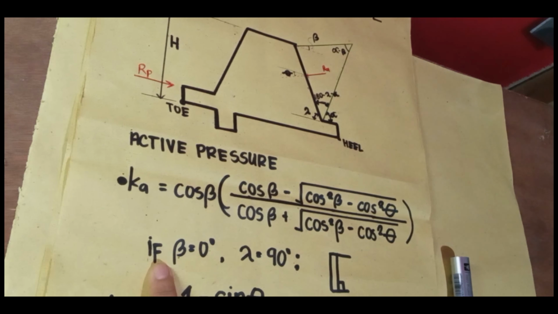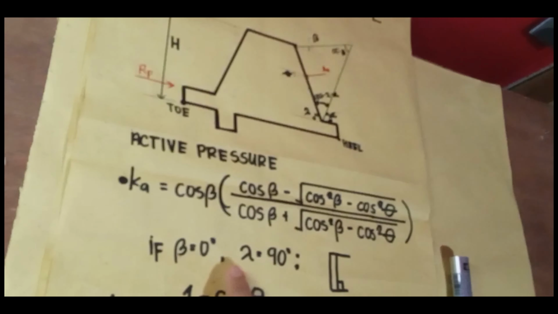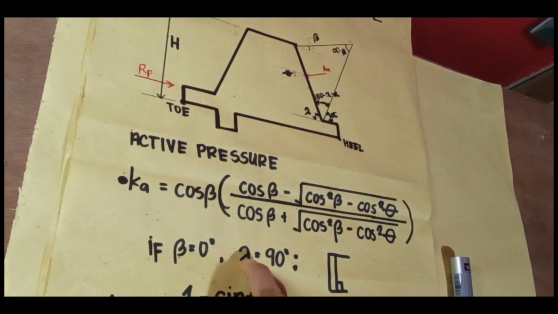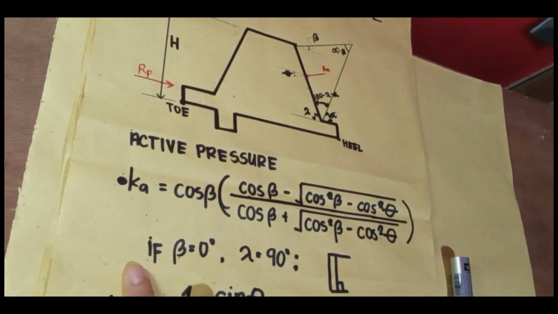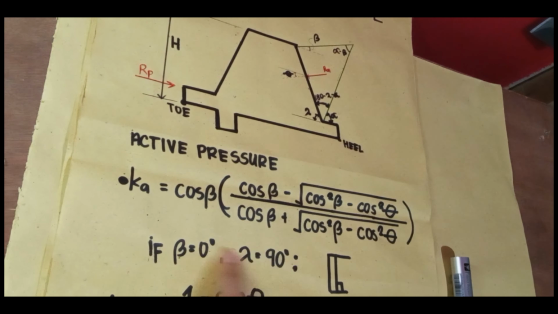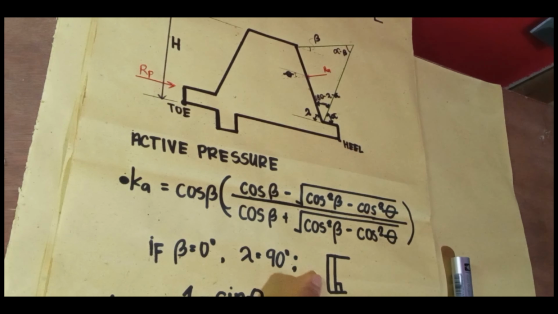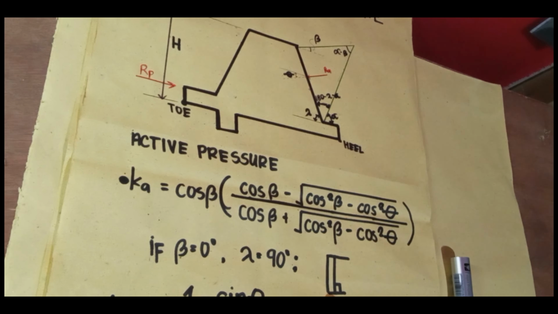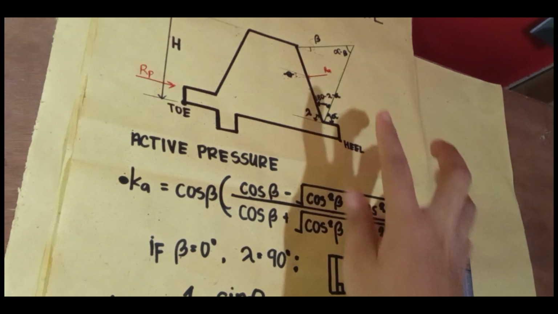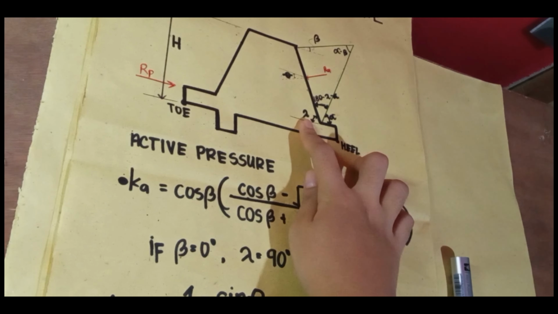And if beta is equal to 0 degrees and lambda is 90 degrees, this lambda here is located here. If this is given in the problem, it is obvious that the wall is just vertical, not inclined.